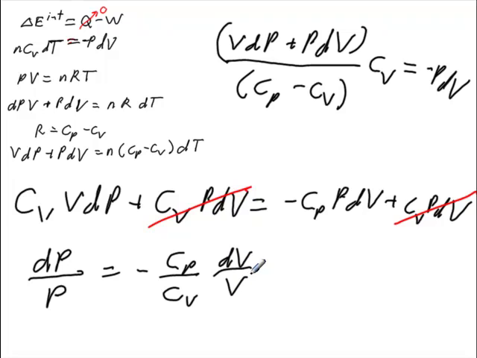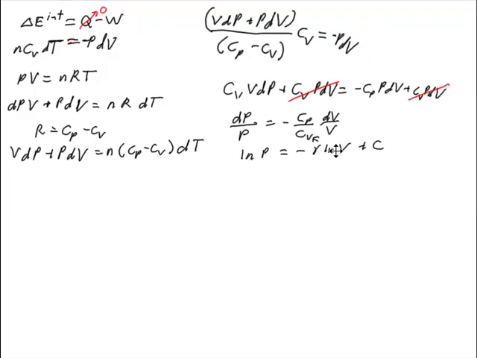Now if I integrate both sides, this, we notice, is gamma, and I'm left with the natural log of P equals minus gamma times the natural log of V plus a constant. I'm going to group all of the log terms over on the left, leave the other on the right.